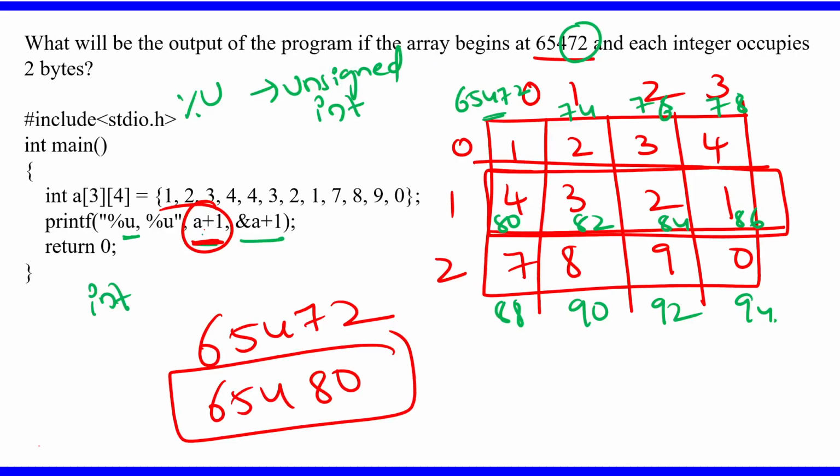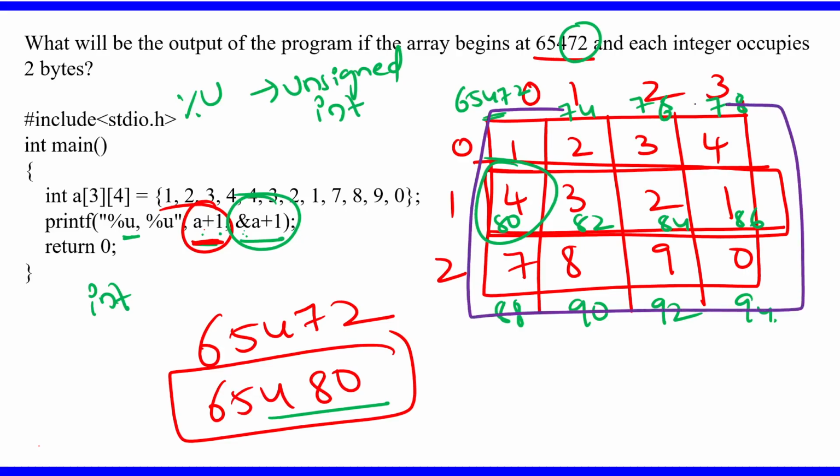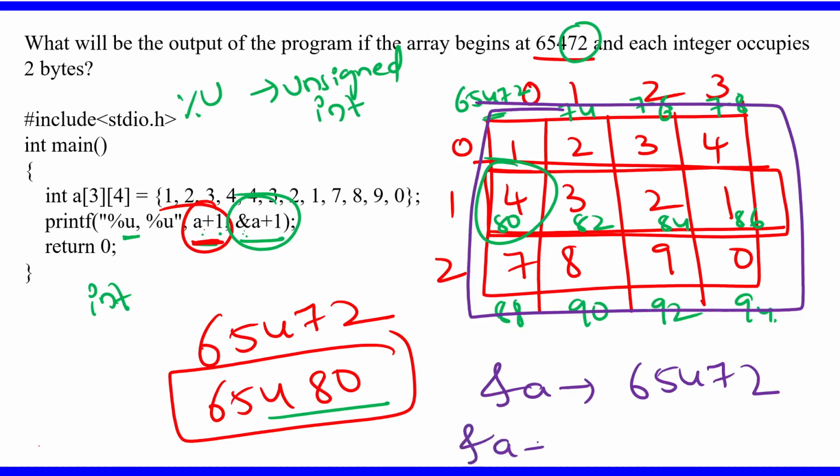Here when I am asking a plus 1, that is pointing to the second row starting address 80. When I talk about ampersand a plus 1, here ampersand a is representing the address of the entire starting block. So the ampersand a value is the same, the base address 65472. When I say ampersand a plus 1, where is this block ending? It is ending here at 94.